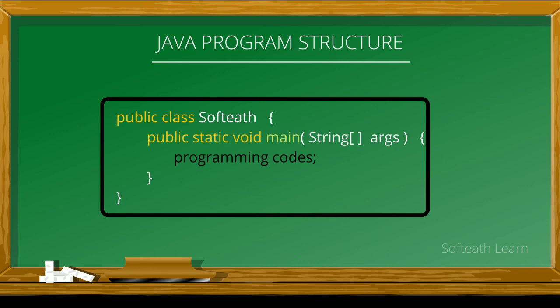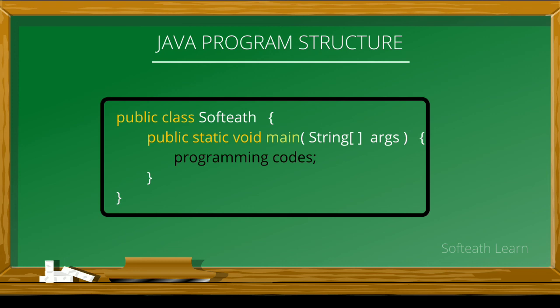Note that the main method should be named main and it should be all in small letters. We cannot change the name of the main method. It must be exactly what I have written here, which will become familiar later on. Congratulations, now you know what a Java program looks like. And don't worry, you will understand everything that is written over here in the coming videos.